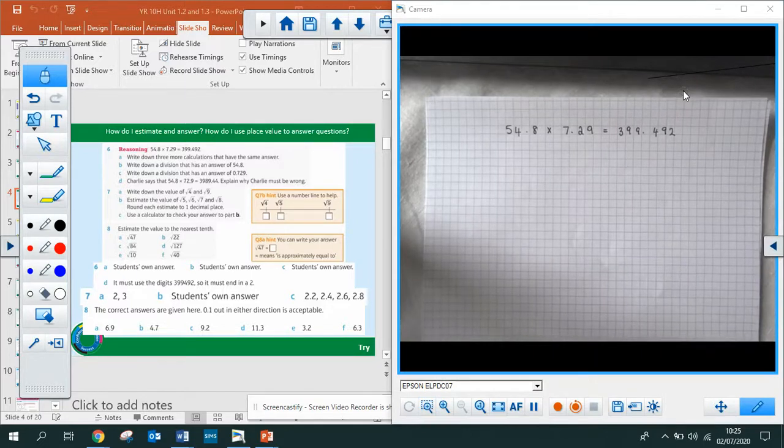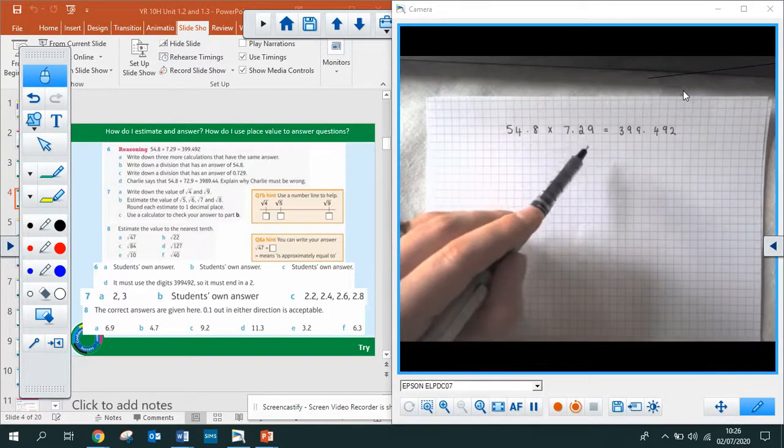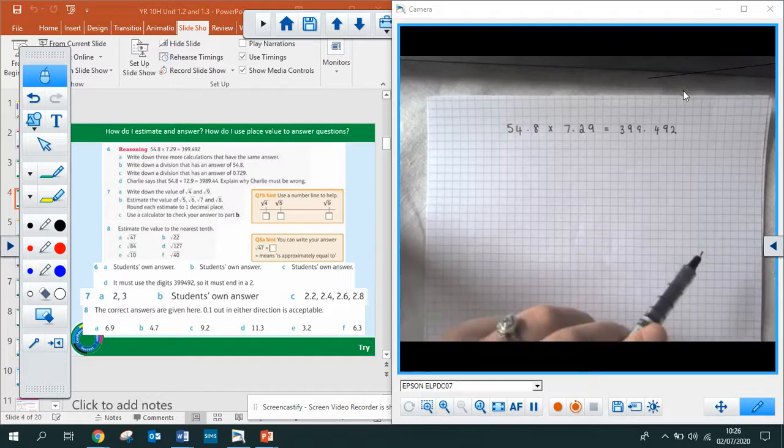So 3 more calculations that will give me the same answer as 399.492. What would you have to do to get the same answer there? For example, I could make my 54.8 into 548, so I make that 10 times bigger and therefore make the 7.29 10 times smaller, so it has the same net effect on my answer.